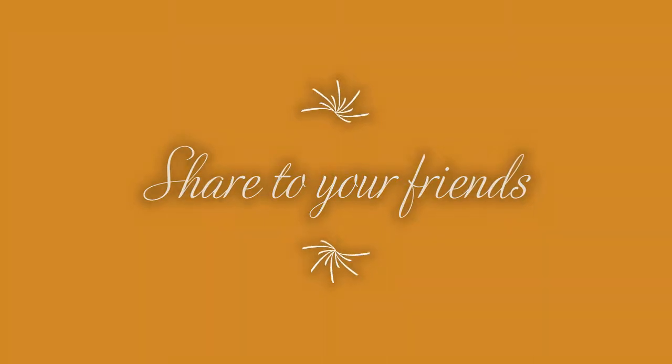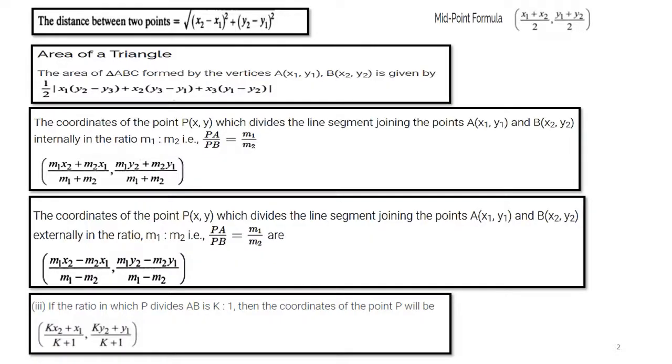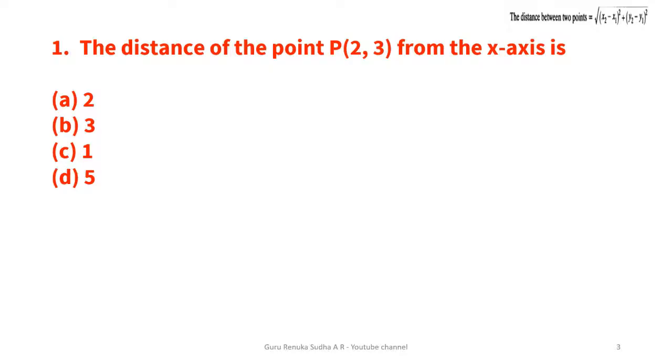After recalling that, you can easily solve the problems in this video, which is very helpful for you to score out of 4 marks in maths related to coordinate geometry.